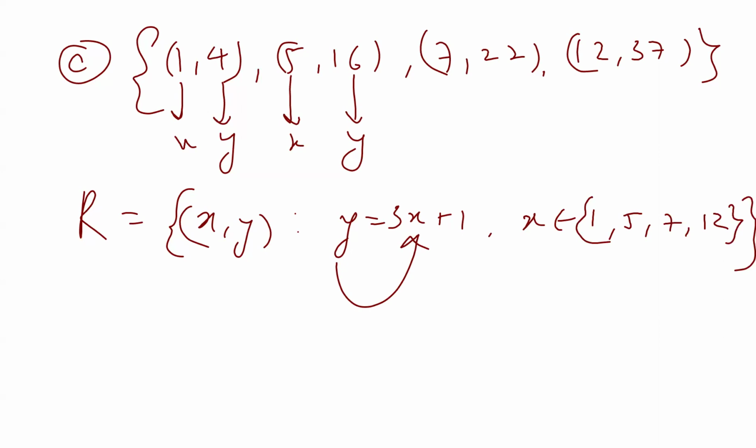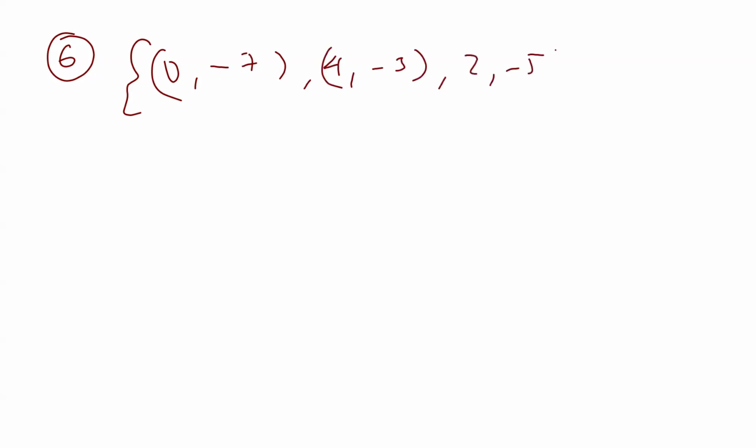Let us go to example 6. Example 6 says Z is a set of integers. Describe the following relation in set builder form given the domain and range. So domain is a set of all first components, range is a set of all second components, that you all know.